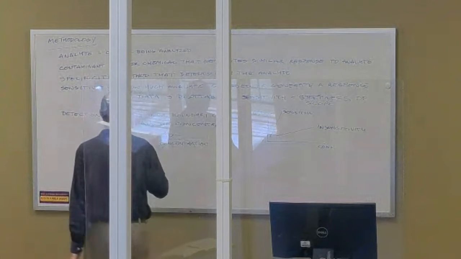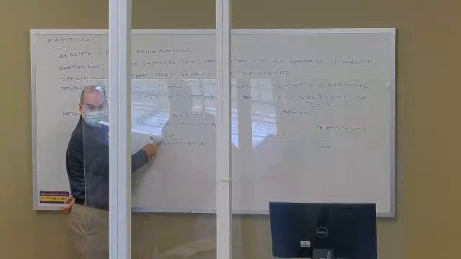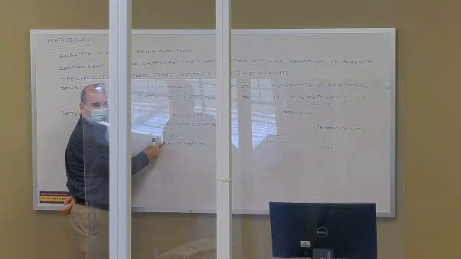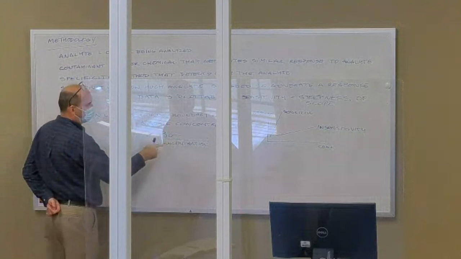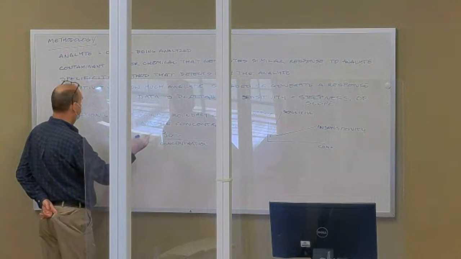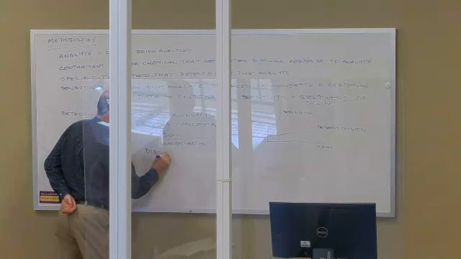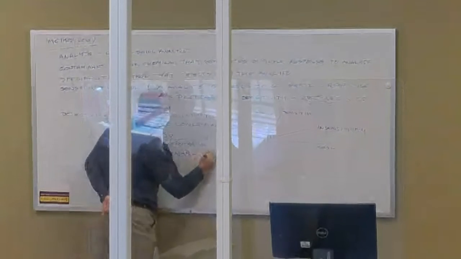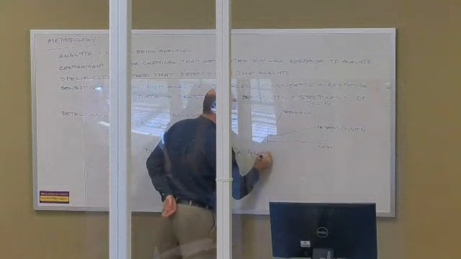Now, it might be deep in the noisy part of the signal, out on the fringe. So we're going to use a blank. The limit of detection is the lower boundary of the analyte concentration that is detectable, or I'm going to use this word again, discernible from a blank.